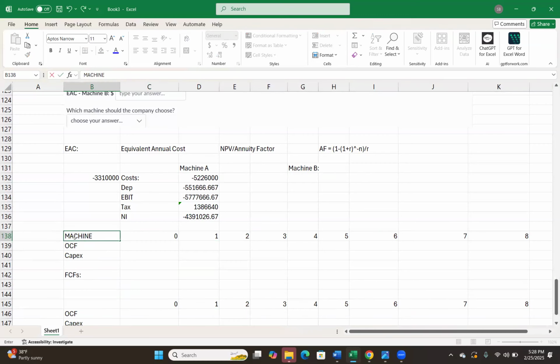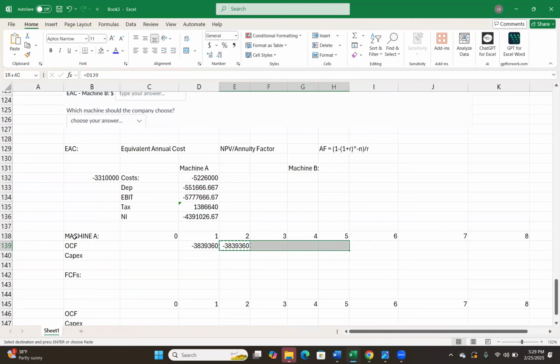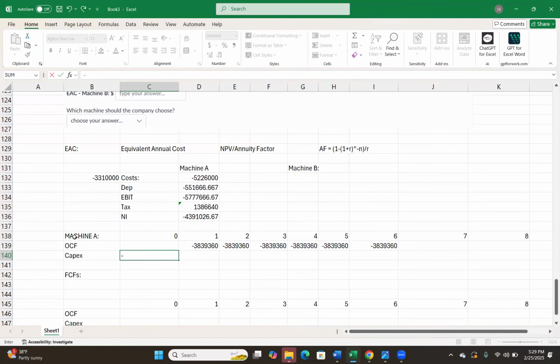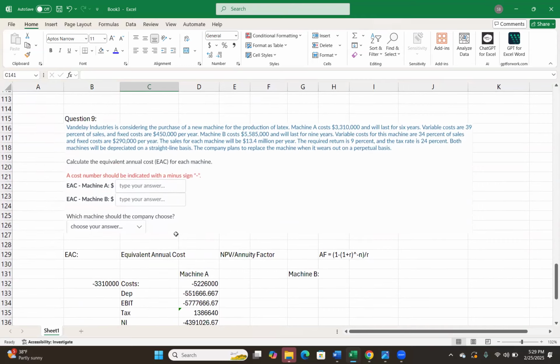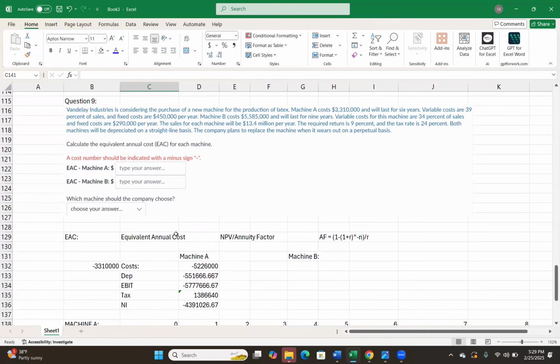Okay, machine A. My OCFs for machine A are going to be net income minus depreciation. Okay. Sweet. And then that's going to stay the same this whole time. It lasts for 6 years. Awesome. CapEx is going to be negative 3310,000. Don't believe there's an after-tax terminal value.